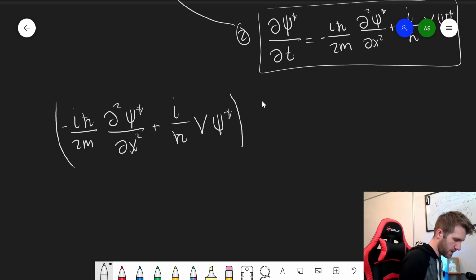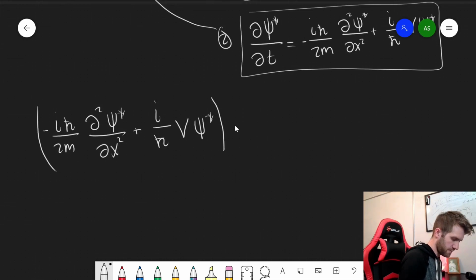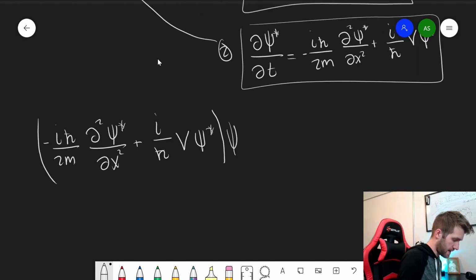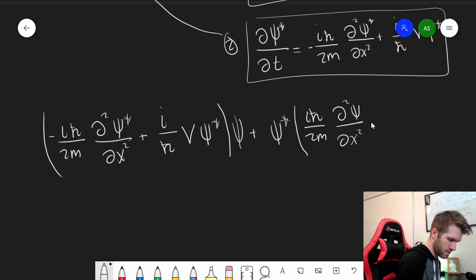And on the outside here, if you see, we have a psi term here, so psi, and we are going to be adding that. So plus we're going to have psi star now. So we're going to put in the non-conjugated term. We're going to have i h bar over 2m d squared psi dx squared.